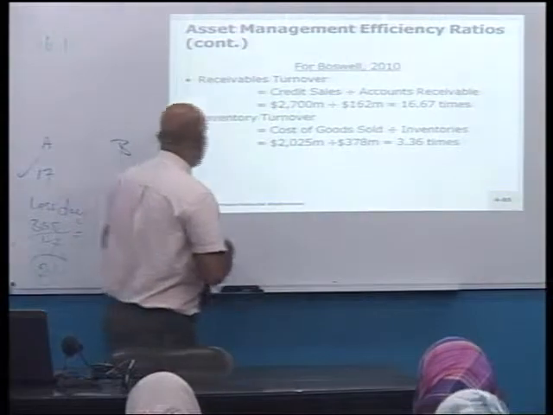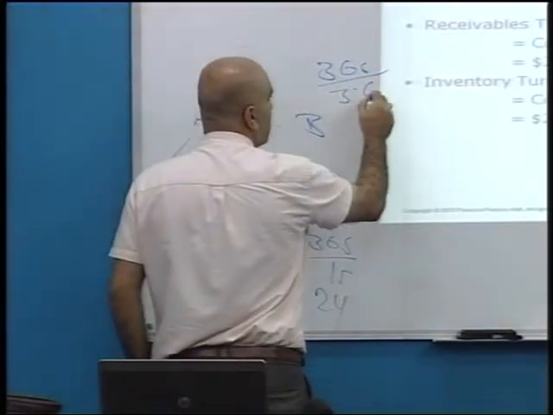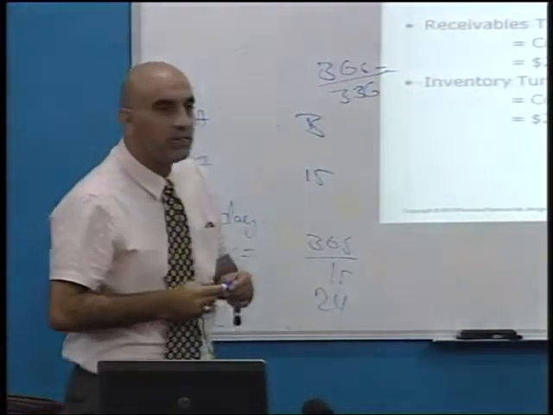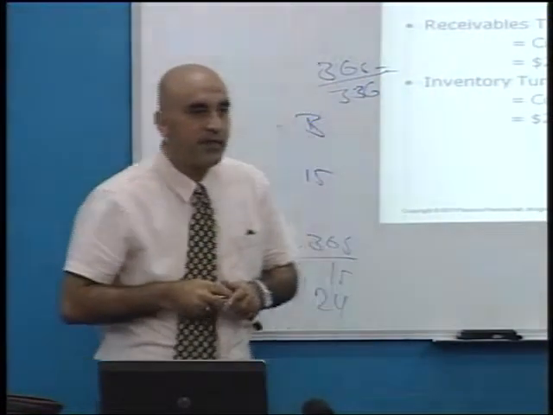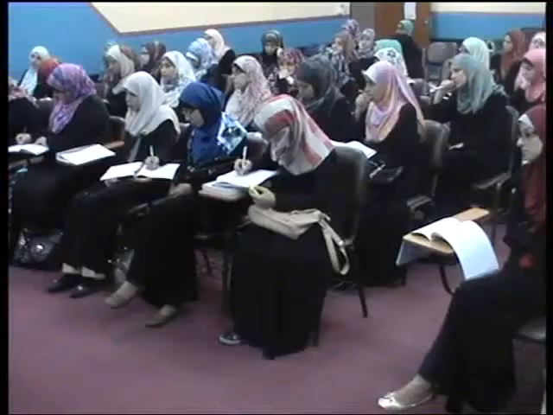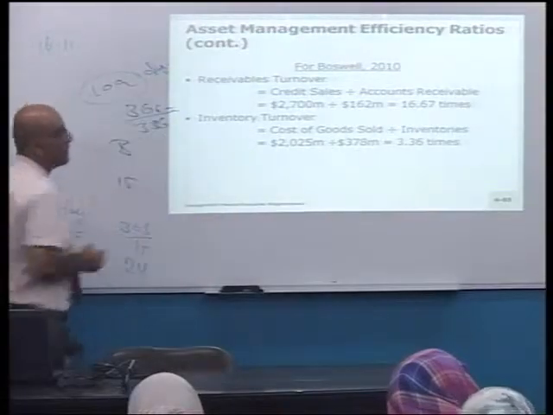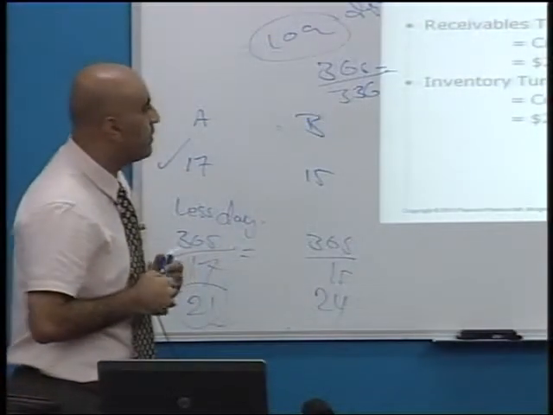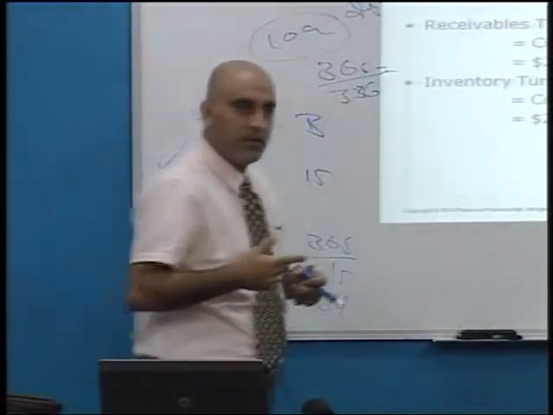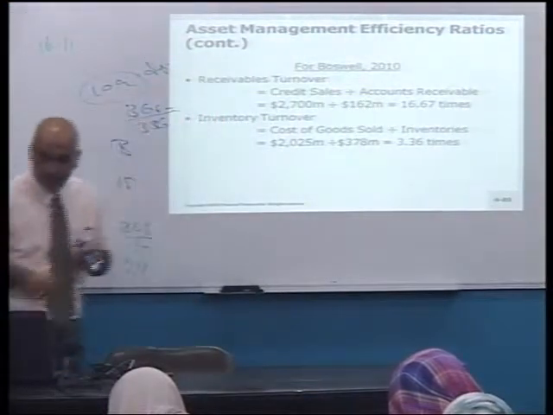In terms of the number of days, just divide 365 by 3.36, and we need around 109 days to convert inventory into cash, or to turn over the inventory. Okay?